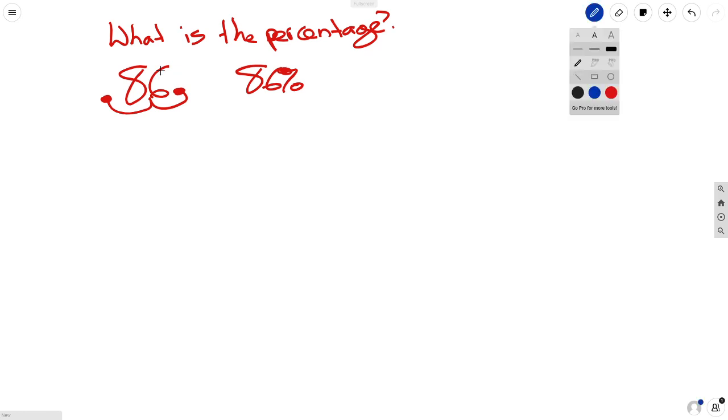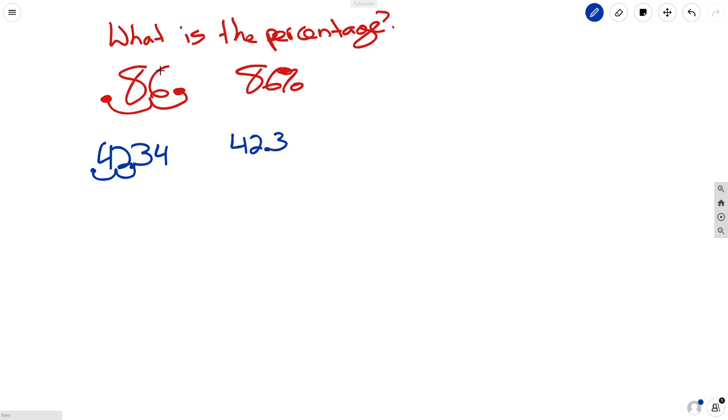Let's say we're given 0.4234. In order to change that to a percent, we're moving the decimal 1, 2 units. So that actually becomes 42.34%.